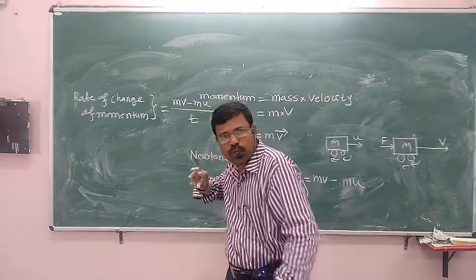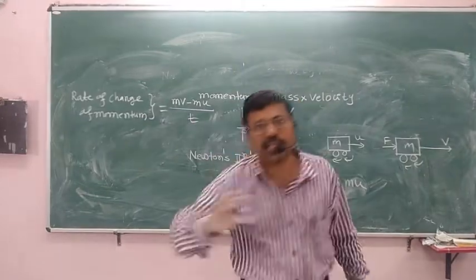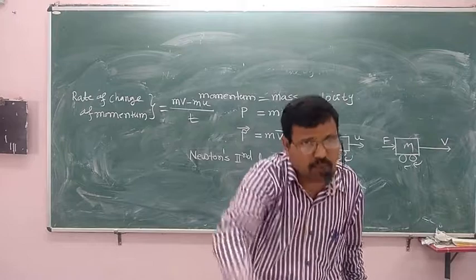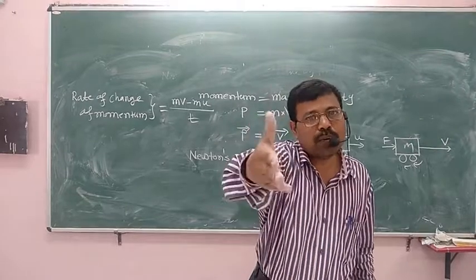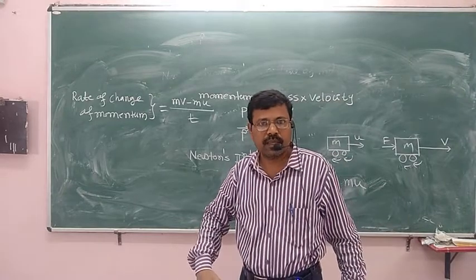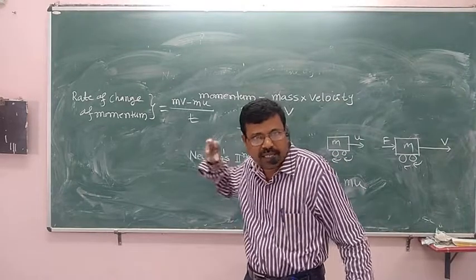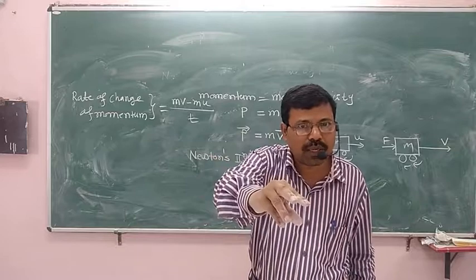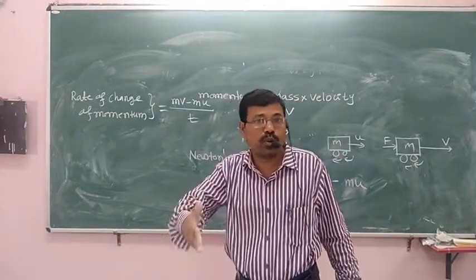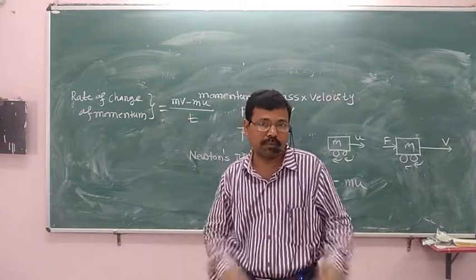As the force applied on the body increases constantly, then the change in momentum with time also increases. If there is a decrease in force on the body, then there will be a decrease in momentum. That is also called rate of change of momentum.